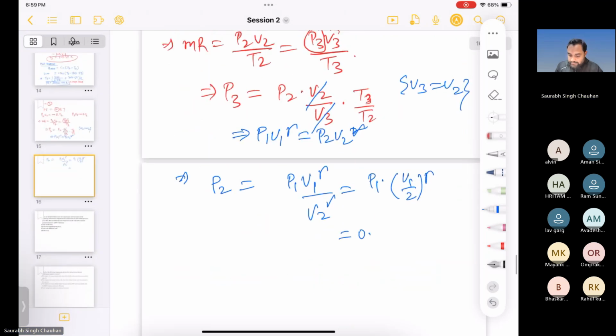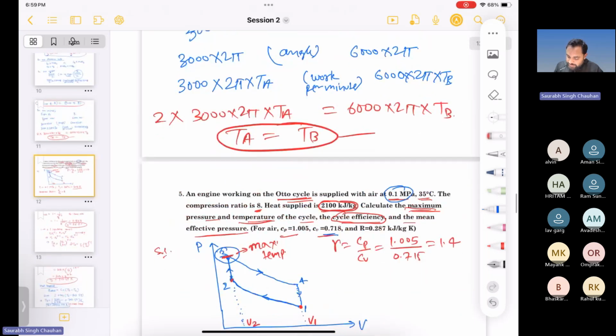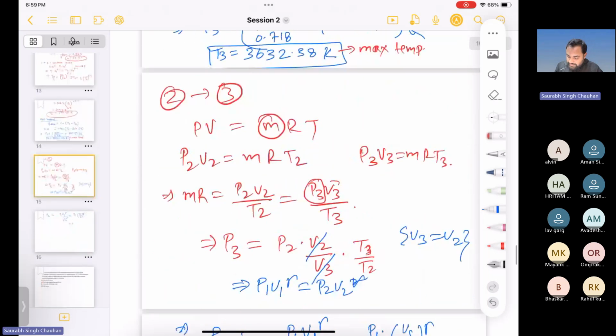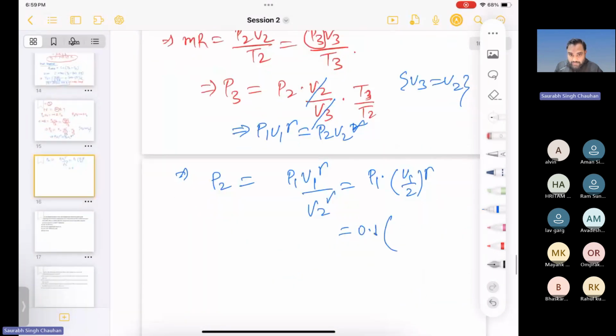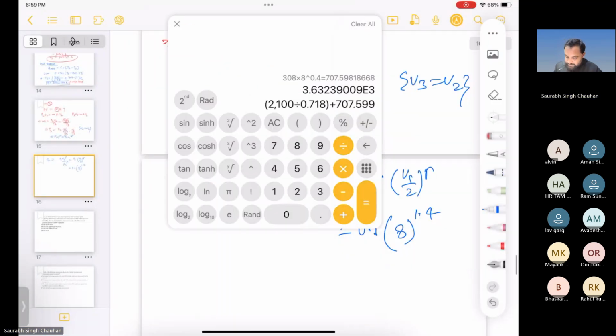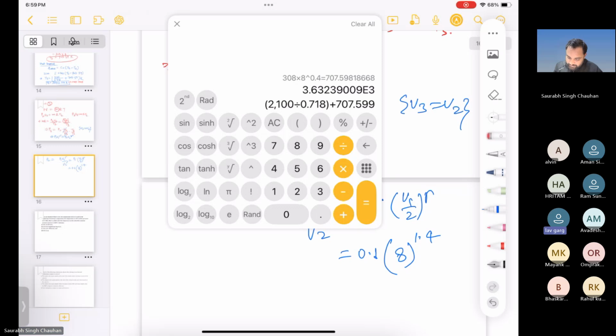So 0.1 megapascal times V1 by V2, the compression ratio, that is 8, and gamma is 1.4. So 0.1 times 8 to the power 1.4 megapascal.